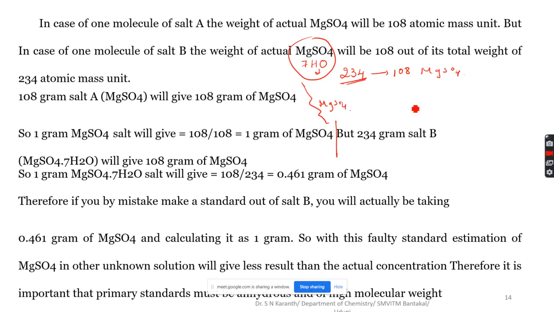If you use MgSO4 7H2O, then 234 grams of salt B will give 108 grams of magnesium sulfate. Therefore, 1 gram of the salt with 7H2O gives 108 divided by 234, that means only 0.461 gram of magnesium sulfate.